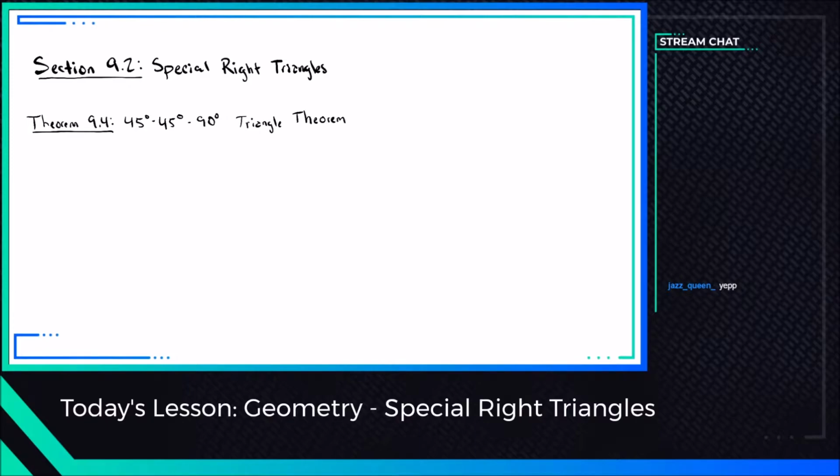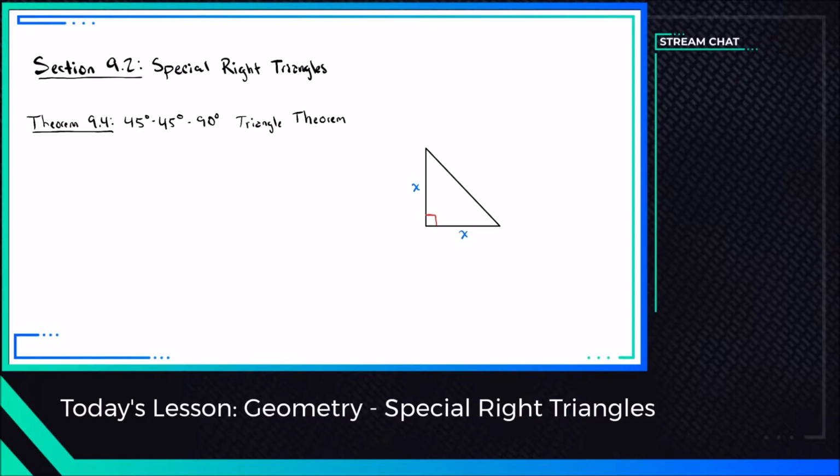What's unique about a 45, 45, 90 right triangle is that 45, 45, 90 right triangles are actually isosceles triangles. So both of these legs coming off of our right angle here are going to be the same distance x.